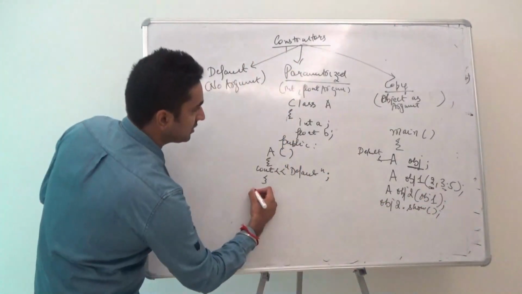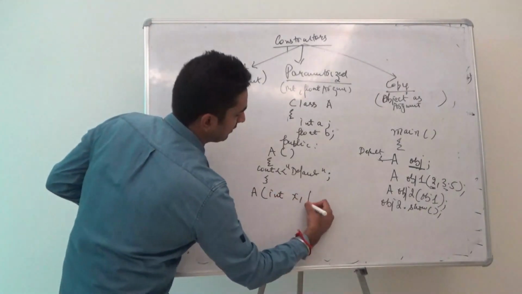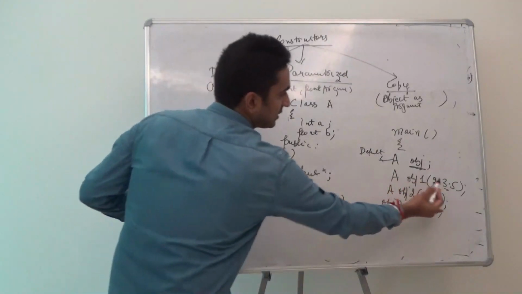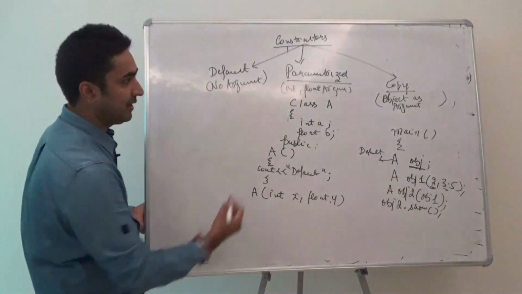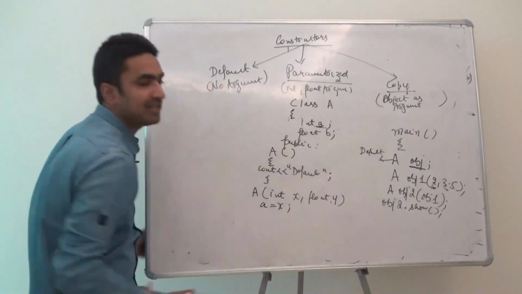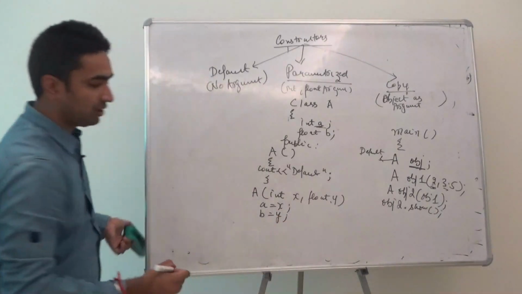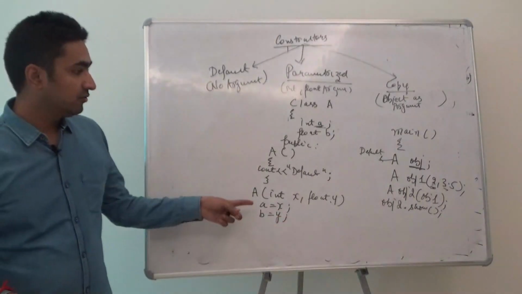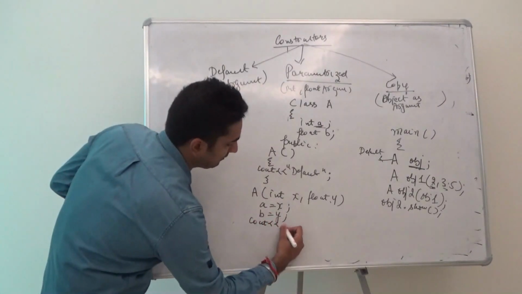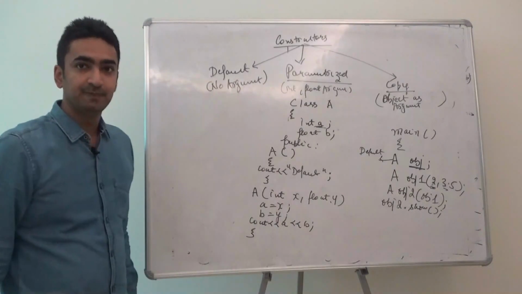So I'll write int x, float y, 2 is passed to x, 3.5 is passed to y, and these data members are given value. A is given x because A is integer, B is given y because B is float, and I'm just displaying cout A and B. We are just initializing the data members of the class.